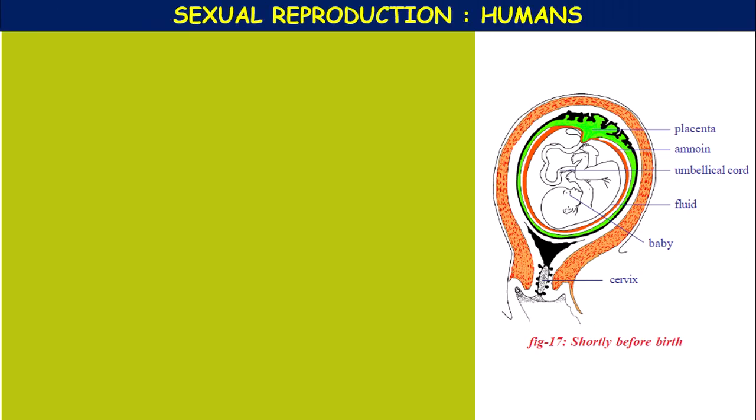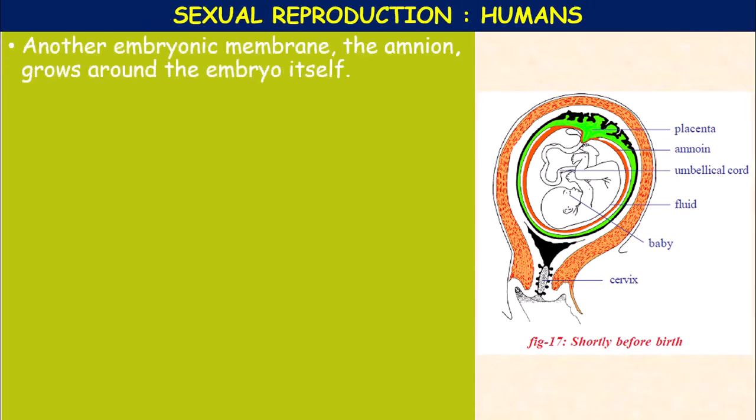Next, the amnion. Okay. Another embryonic membrane, the amnion. It goes around the embryo itself.